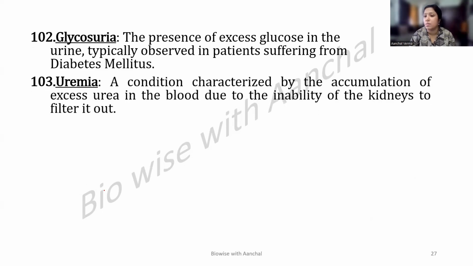Uremia, a condition characterized by accumulation of excess urea in the blood due to inability of the kidneys to filter it out, or the kidney does not function, or your own body stops the urine production to conserve water, as it happens in the case of cholera. In cholera, because of the infection of Vibrio cholerae, there is too much diarrhea, too much watery stool passed out from the body, so the water is lost from the body.